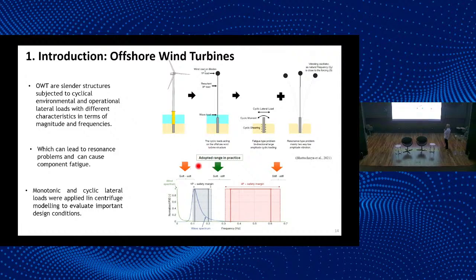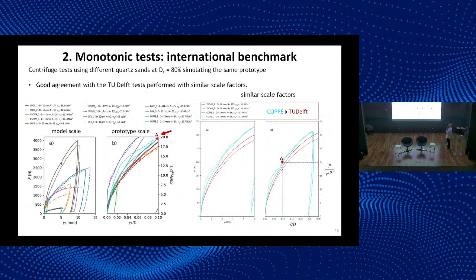So this is a balanced design. This is too costly. This is not so bad, let's say. Most designs are done in this range. So you have to test to assess the natural frequency of the tower.